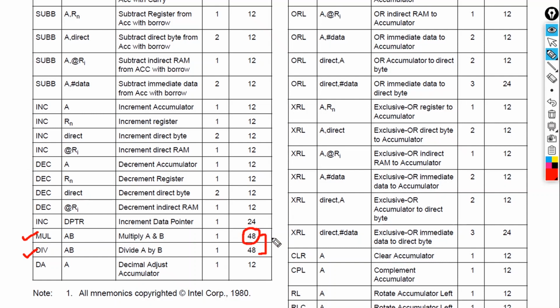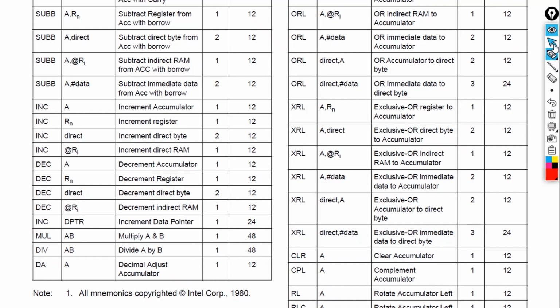So 48 means a total of 4 machine cycles, only for multiplication and division. Decimal adjustment is 12 clock periods, so it is one machine cycle.